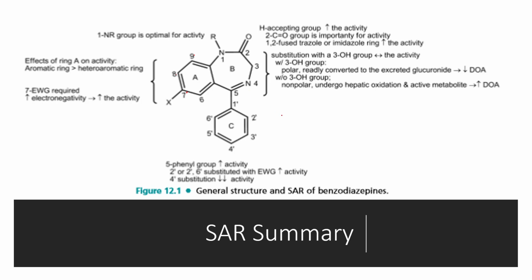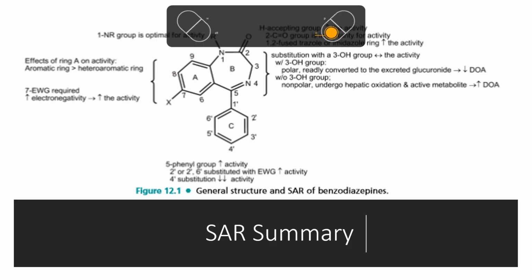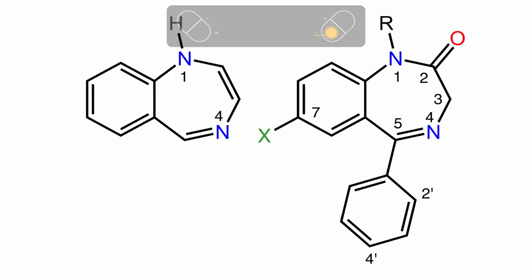And for ring C, since it is separated from the fused ring AB, it is numbered differently. It's 1 to 6, but this time it has a prime on it. 1 prime, 2 prime, 3 prime, etc. Okay, so that is the ring and the numbering system. Let's go through each SAR now.